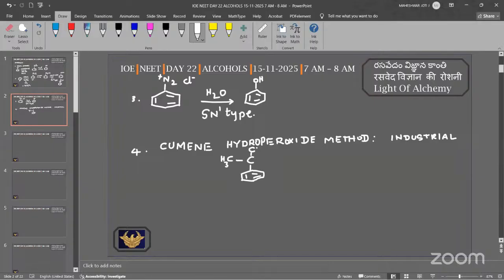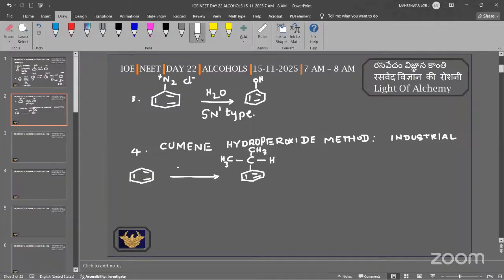How can we get isopropyl benzene from benzene? This reaction you have studied in the first year under electrophilic aromatic substitution reactions of benzene. It's a name reaction, Friedel-Crafts alkylation.